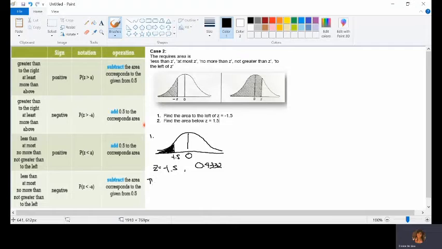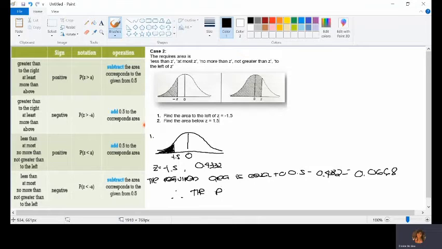And therefore, the required area is equal to 0.5 minus 0.4332, which is equal to 0.0668.